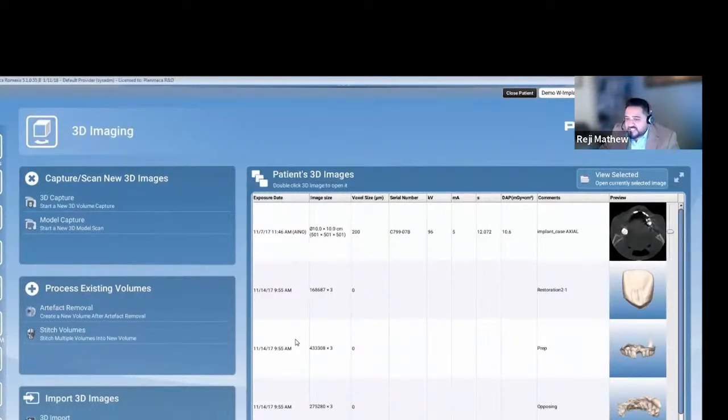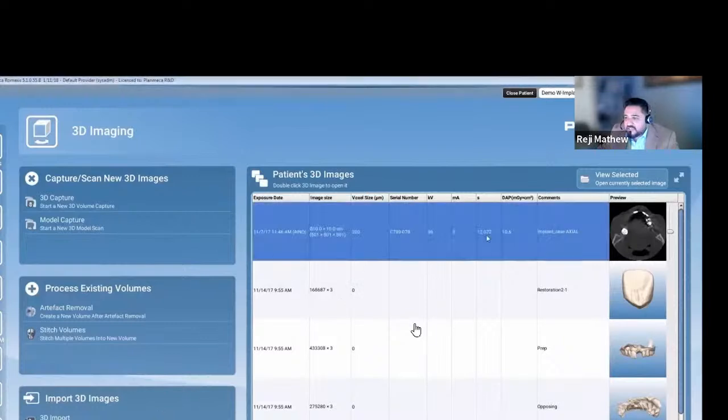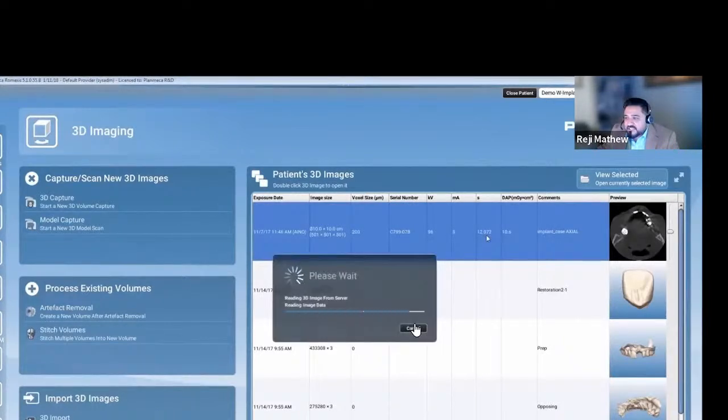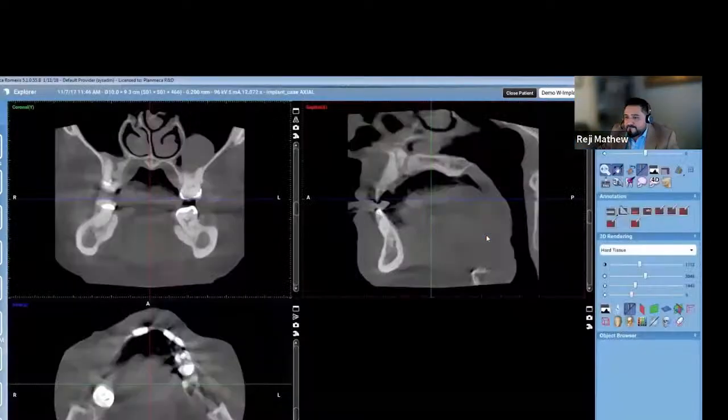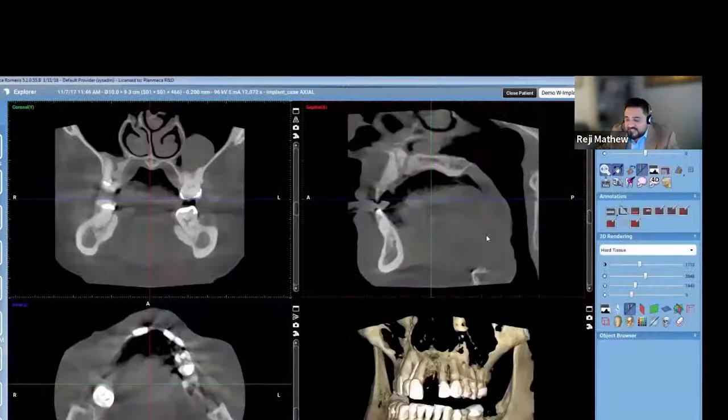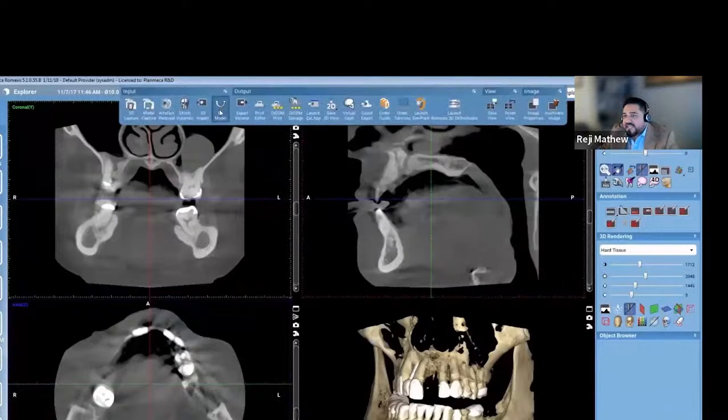So I have a CBCT image here, which I'm trying to open. Now, once you have the CBCT image open, I can bring in that intraoral scan.